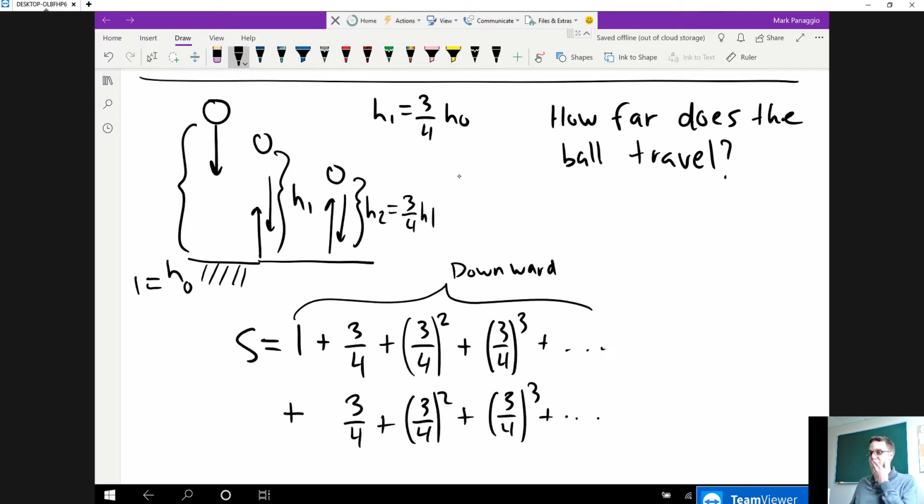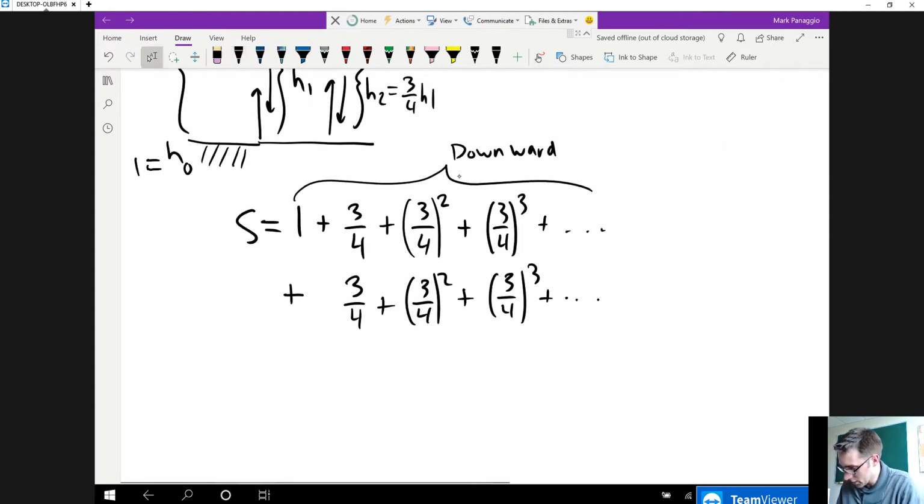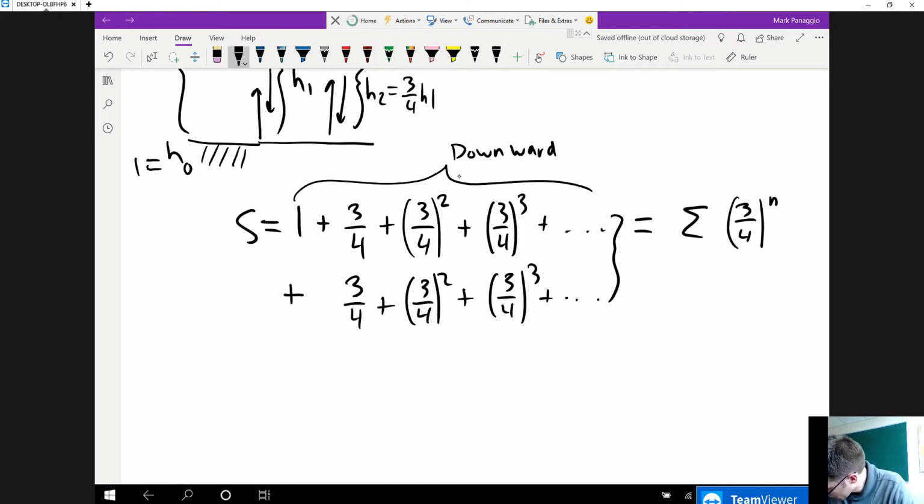Okay, so the total distance traveled can be written as actually involves two infinite sums. Notice the first one is the sum of 3/4, and we want to include all of the powers, we include 3/4 to the 0 on up to infinity.